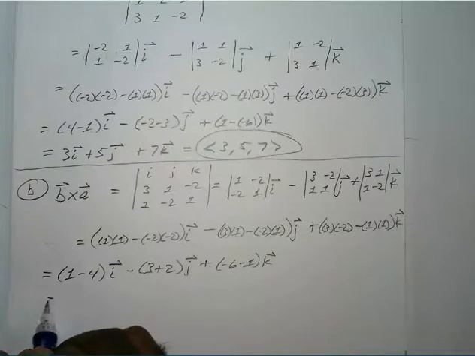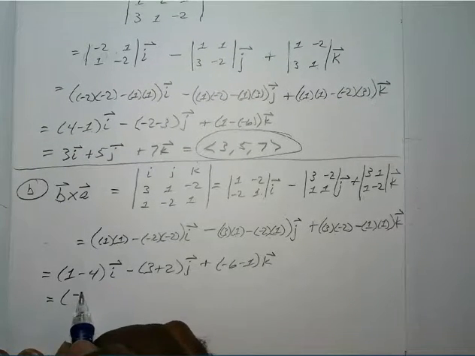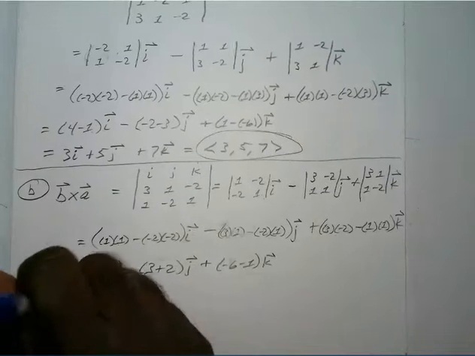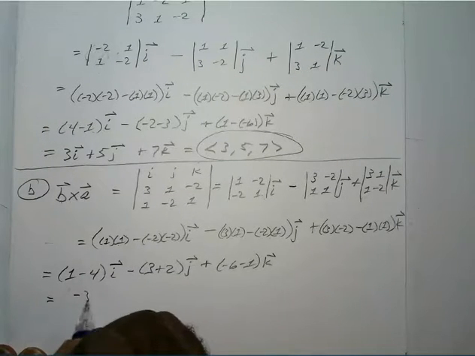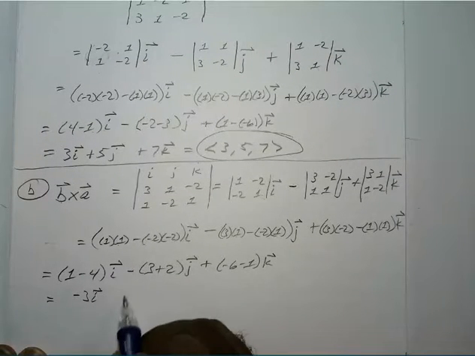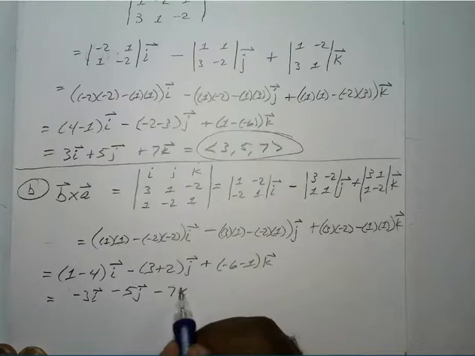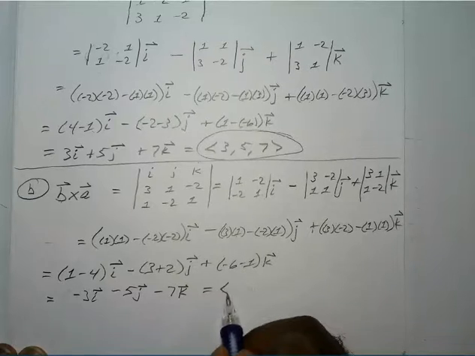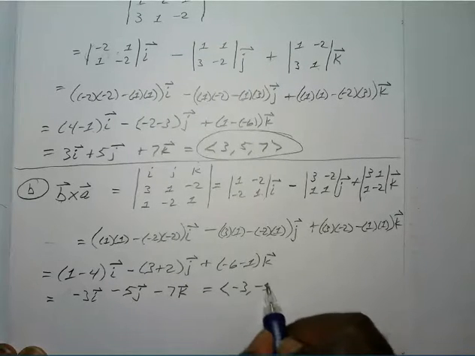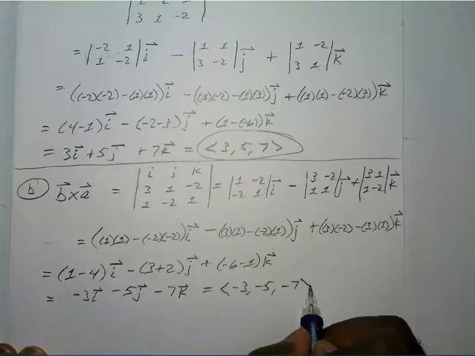Okay, so we end up with -3 times your i vector minus 5 times your j vector minus 7 times your k vector, or -3, -5, -7.